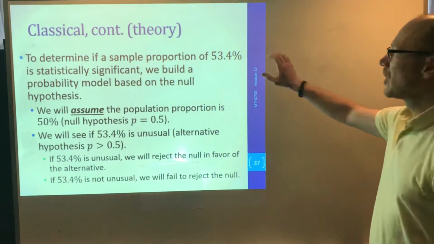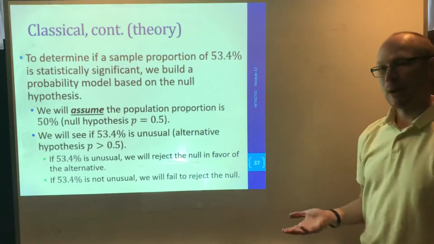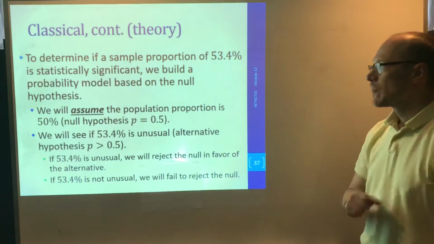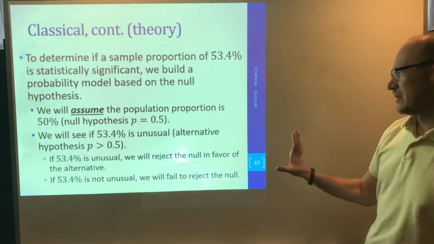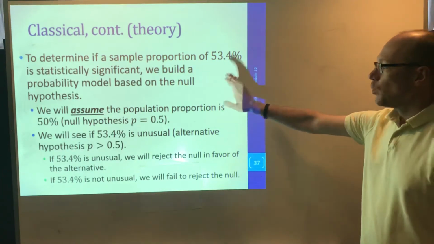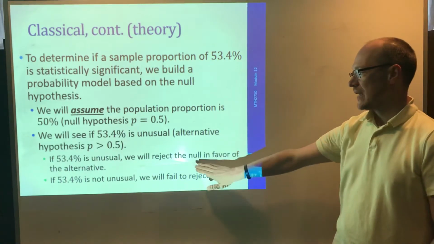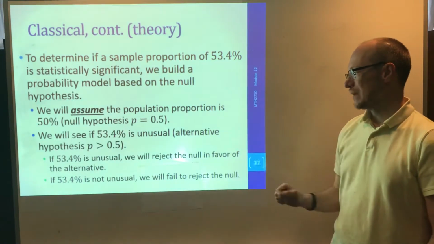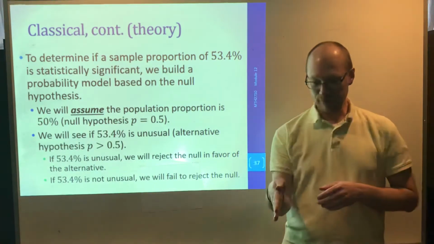So to determine if this sample of 534 is significant, we build a probability model, a normal curve, based on that. When we assume that 0.5 is true, we'll see if it's unusual, and if it is unusual, we'll reject the null in favor of the alternative. 0.5 is true.